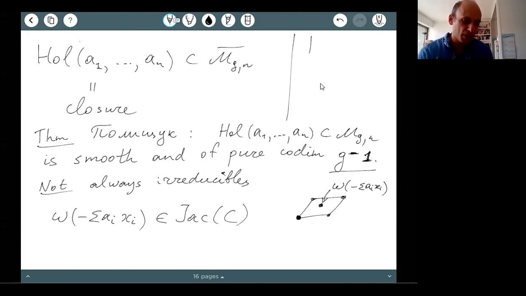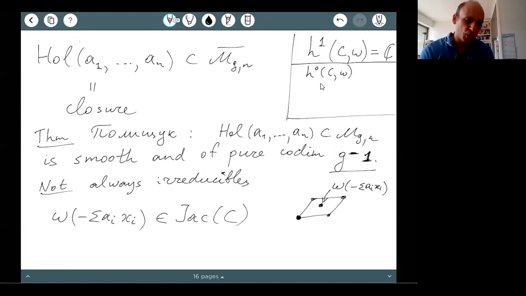And the reason is that omega has an H^1. So if we make a computation, omega has the dimension of the space of sections. The dimension of the space of abelian differentials is g. The projectivization of this space has dimension g minus 1.